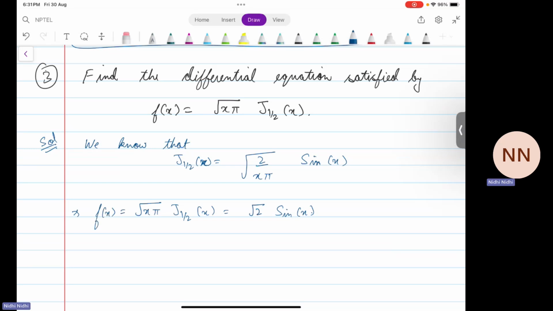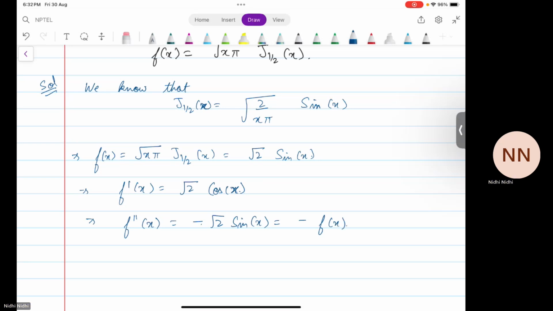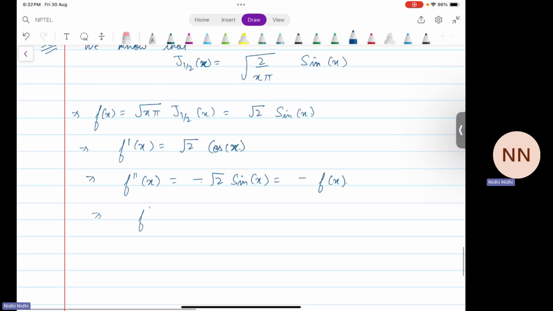Now we need to see what differential equation the function f(x) = root 2 sine x satisfies. So we have f'(x) is equal to root 2 cos x, which gives us the double derivative of f is equal to minus root 2 sine x, which is minus f(x). So this implies f''(x) + f(x) = 0.